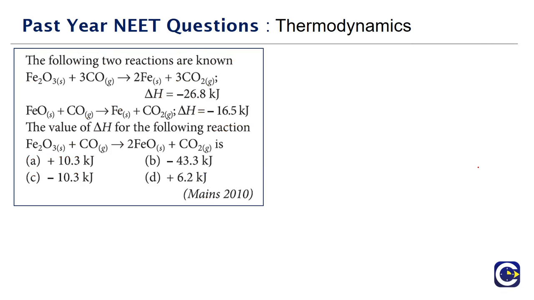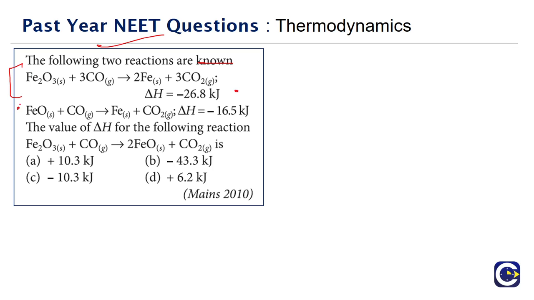This is another question based on the Hess law application. The following two reactions are known. First reaction: Fe2O3 solid plus 3 moles of CO gas gives rise to 2 moles of Fe solid and 3 moles of CO2 gas. Delta H is minus 26.8 kilojoule.